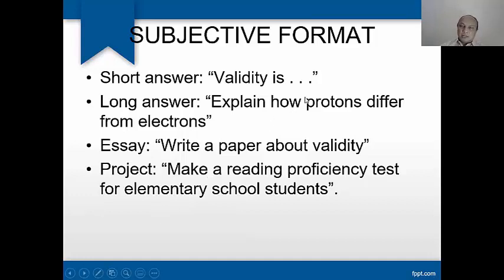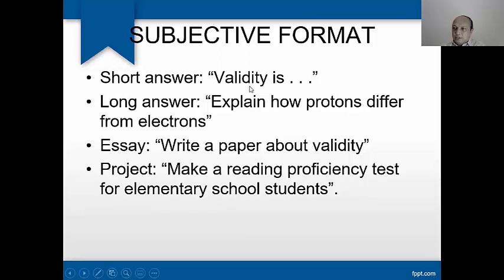Here the test taker usually has to supply a longer answer. It's not only picking an option of a multiple choice, or picking true or false, but they have to produce a somewhat longer stretch of language. It comes in several formats like this.